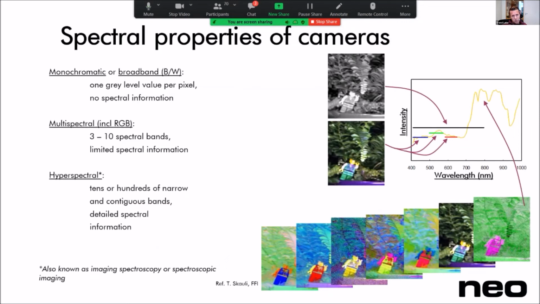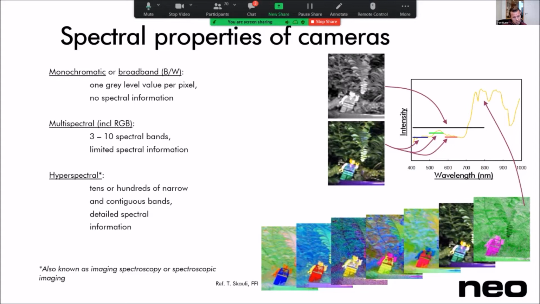If you have a monochrome camera, look at the spectra here on the right, a spectrum from 400 nanometers to 1000 nanometers. A monochromatic sensor is sensitive from 400 to around 800-900 nanometers, and you get a grayscale image based on the information in that wavelength area.